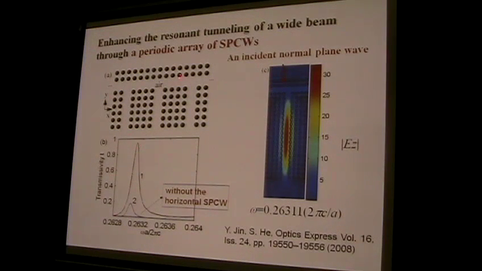And you see in this case, the transmission is over 95% harvested, and this is just plotted for one cell, one period, because it's a periodic structure. And again you see the much enhanced field here, suitable for nonlinear effects.